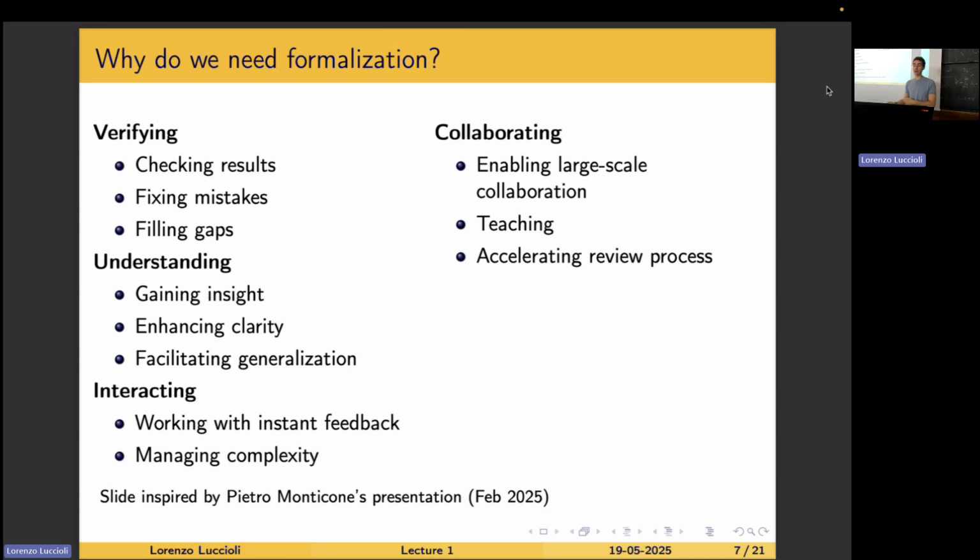And we go to another point, which is collaboration. A very important thing is accelerating the review process. Basically, as I just said, the review process in mathematics takes forever, even years at times, and it could be made much faster if the result is formalized. Because once I have a result formalized, nobody is going to have doubts about the truthfulness of the proof.